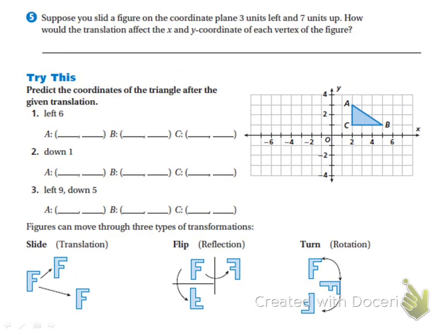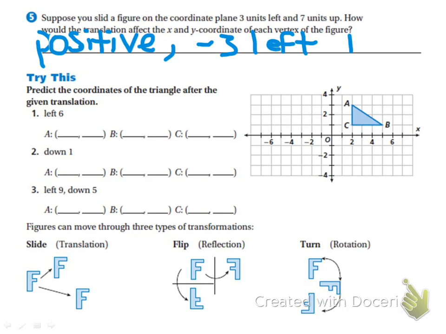So this would be positive. And it would be -3 to the left, and it would be +7 up.